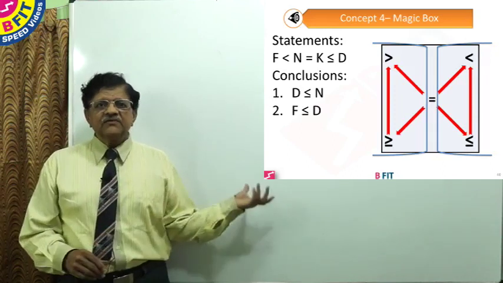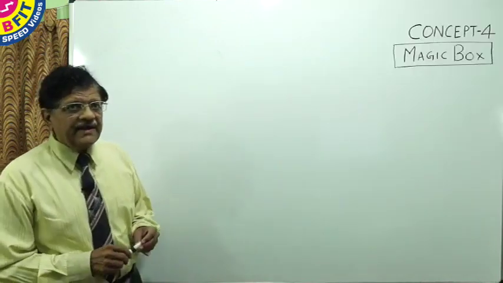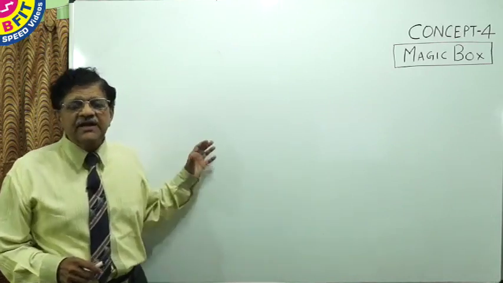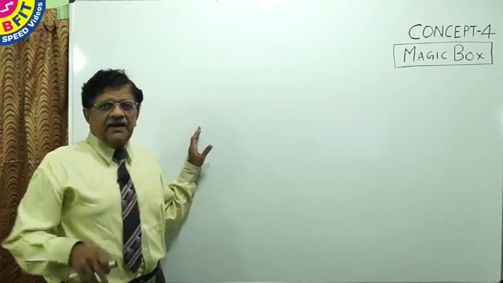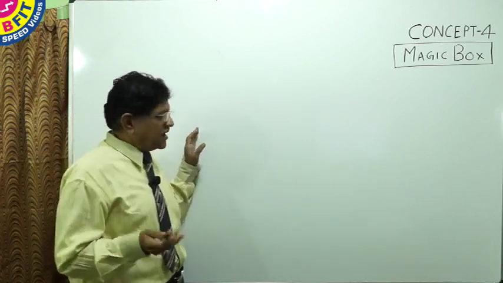Now let us see first the working of the magic box. Now we will solve a simple problem using magic box so that the concept will be clear, and later on we can add complications or complexities.